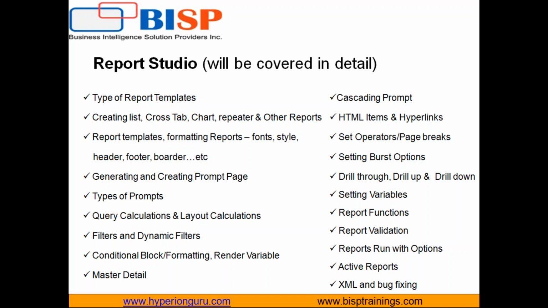That helps the report to be transported to a mobile device, or I can view the report with all the interactivity without an internet connection and without connecting to the database. So that is the concept in active reports. We will see all those things in Report Studio, and we will be covering Report Studio in more detail.